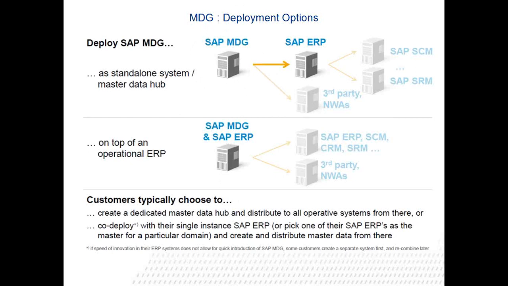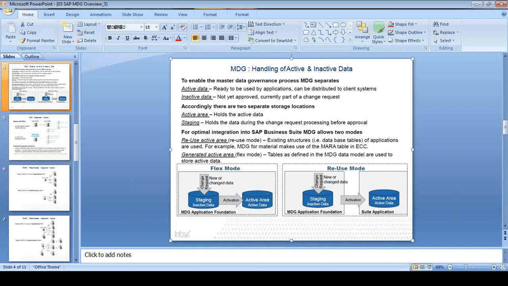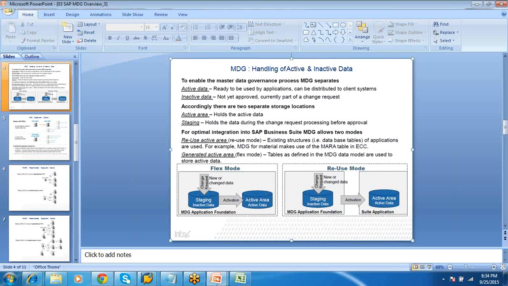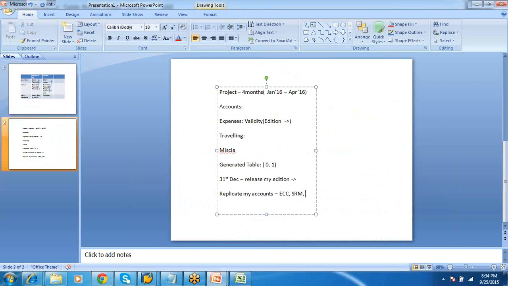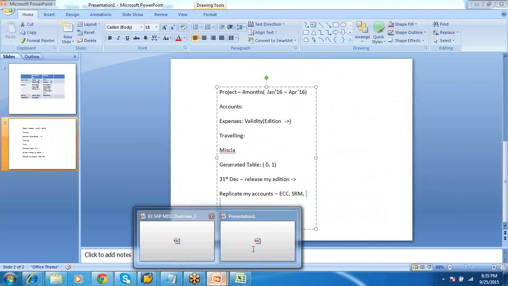For example, if I am installing MDG 8.0, I need minimum enhancement pack EHP7 in ECC. So upgrading enhancement packs in ECC is also a big challenge.